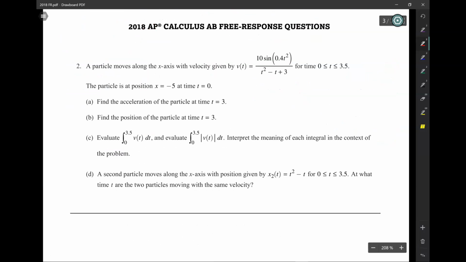Okay. A particle moves. Oh, I love these ones. A particle moves along the x-axis with velocity given by v of t for time 0 to 3.5. The particle is at position x equals -5 at t equals 0. Okay? So x of 0 is -5.